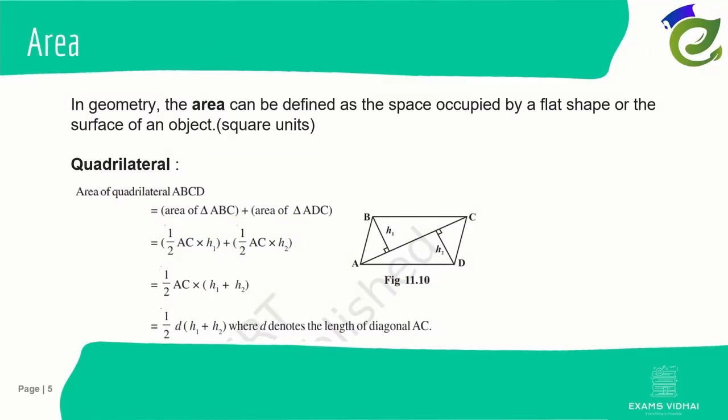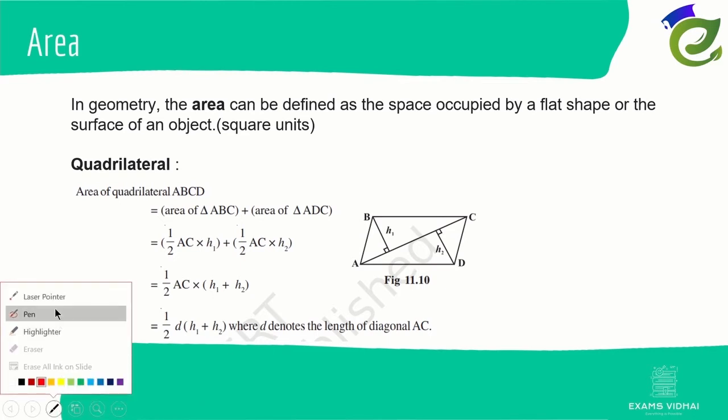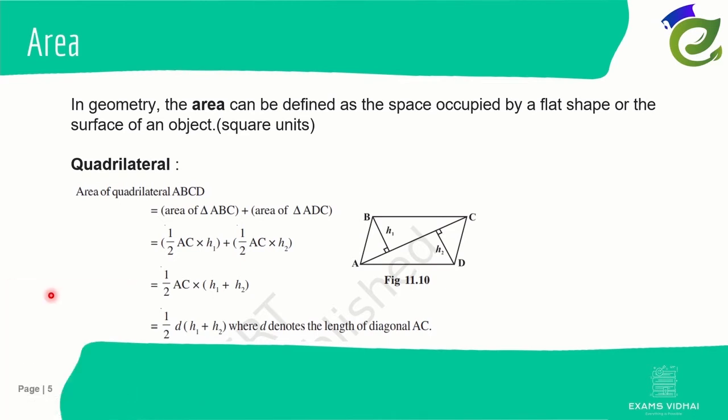Now, area. In geometry, the area can be defined as the space occupied by a flat shape or surface of an object. An example of area is generalized by a quadrilateral. Area of quadrilateral ABCD is the area of triangle ABC plus the area of triangle ACD.